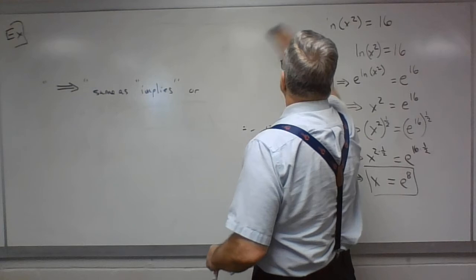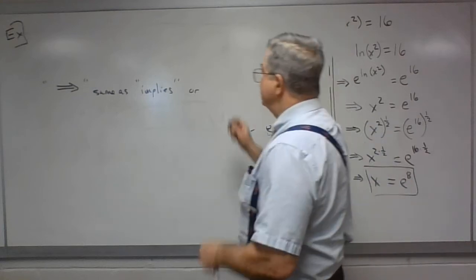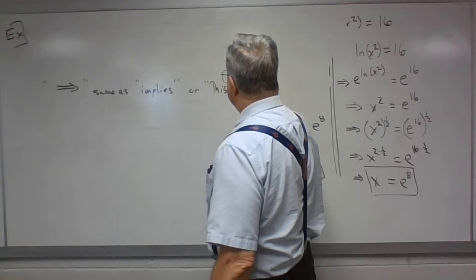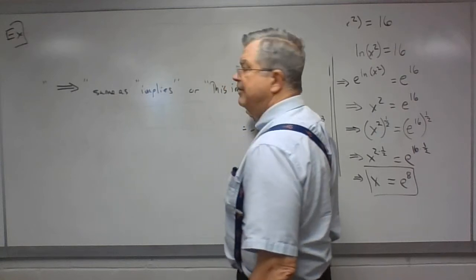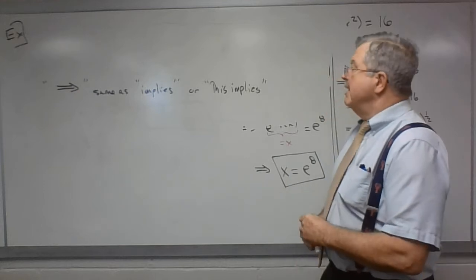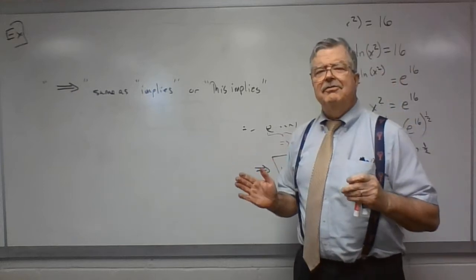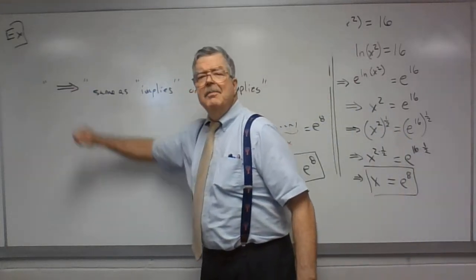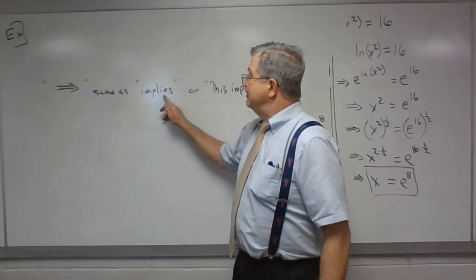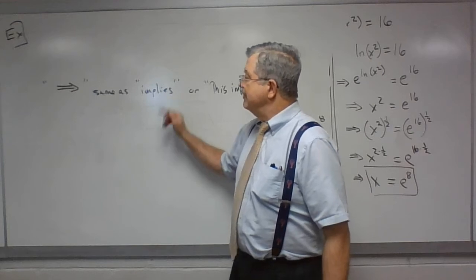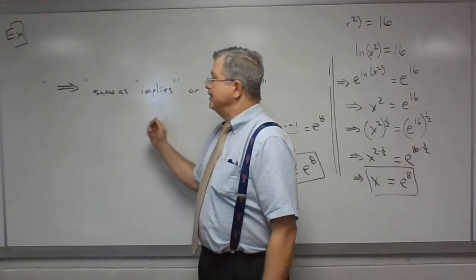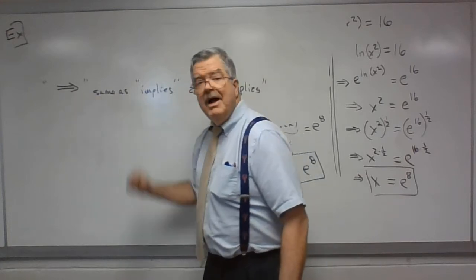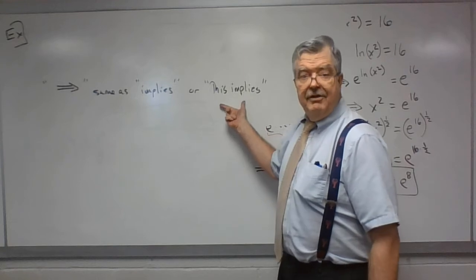Or sometimes that we interpret this as being, this implies. This is a universal mathematical convention that we use this symbol in the sense of implies. So whenever we see this, and especially whenever you see me write this, it means implies or this implies.